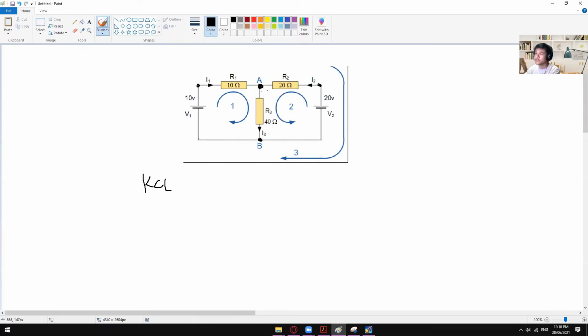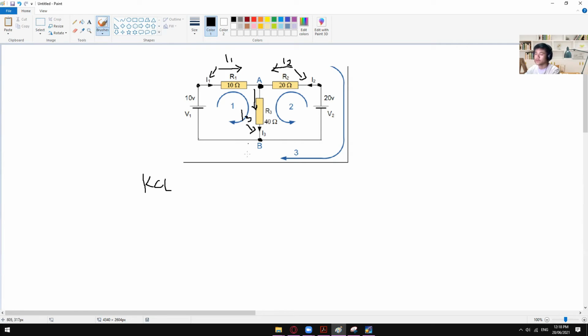If you take a look at this node, we have a current entering, I1, and then another current entering, I2, which is this one and this one. And then we have another current that will leave that node, which is now I3, this one right here.